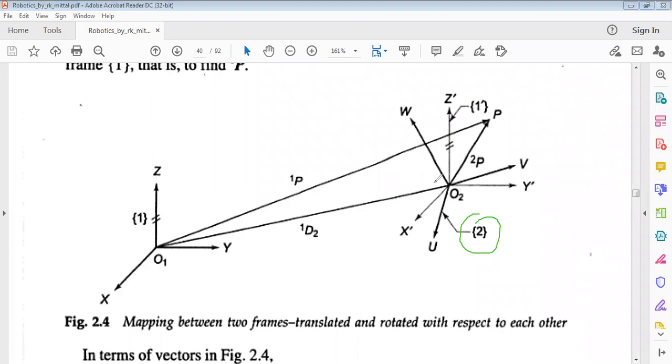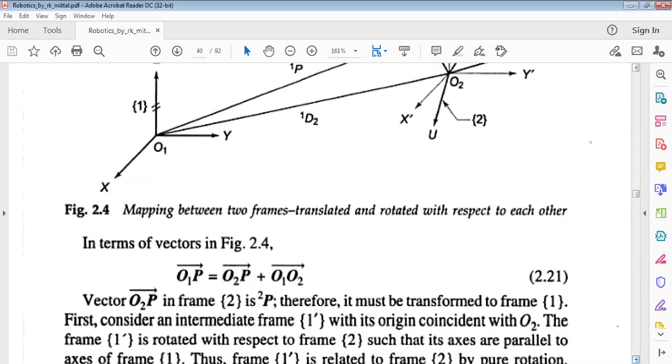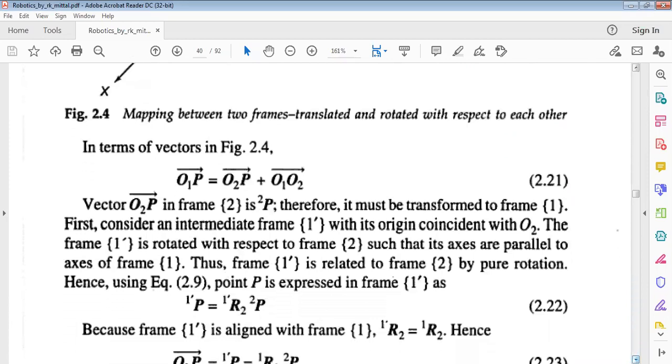In pure rotation, we have the equation below: 1 dash P is equal to 1 dash R2 2P.